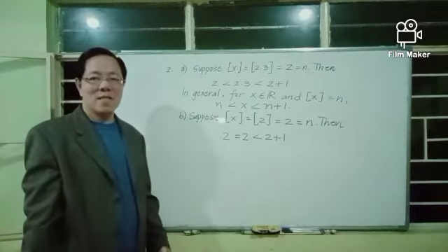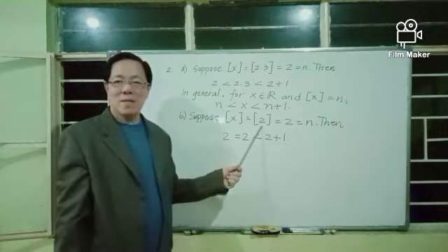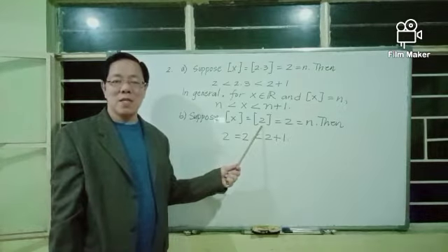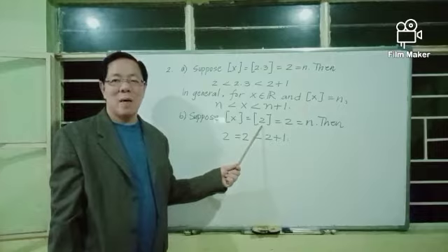Suppose x is an integer. 2 is an integer, but it is still a real number.